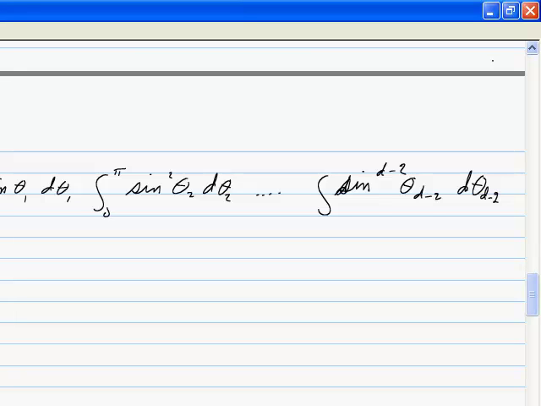So let me do the last one first. The last one, I'll give you the way we write this in terms of gamma functions. I'll give you a quick gamma function review in just a minute. This, in general, for general d, is gamma of (d minus 1) over 2 divided by gamma of d over 2 times pi to the 1/2.